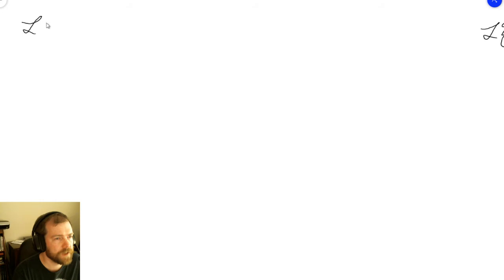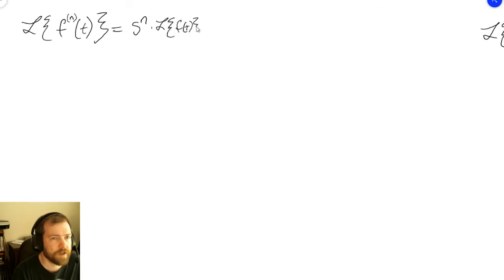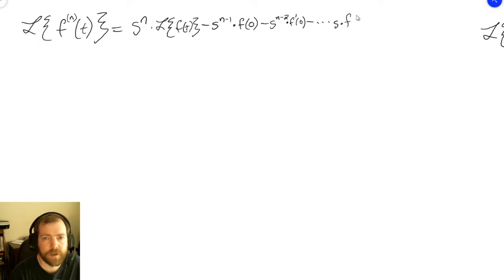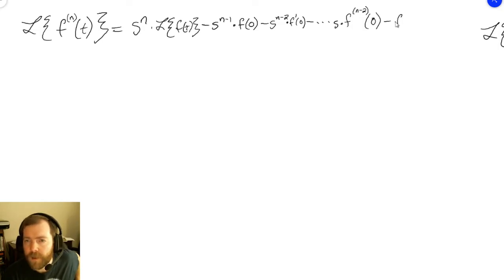So as we get into differential equations, the Laplace transform of the nth derivative of f of t is going to end up being s raised to the nth power times the Laplace transform of f of t minus s to the n minus 1 times f at 0 minus s to the n minus 2 times f prime at 0 minus, and then this continues until we end up with s times the n minus second derivative of f at 0 minus the n minus first derivative of f at 0.